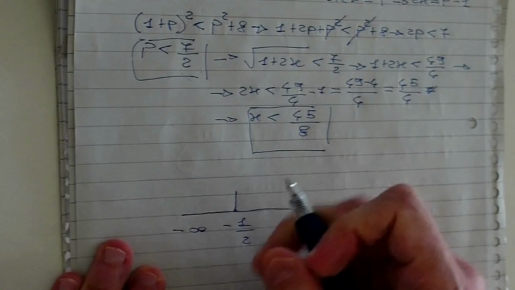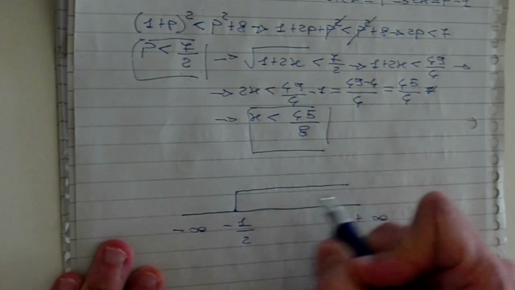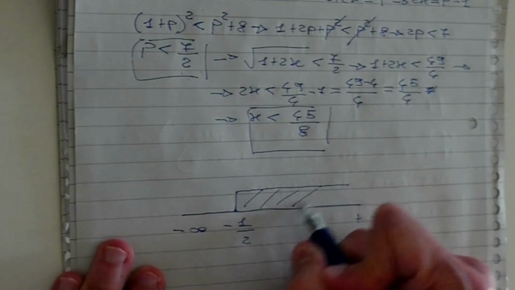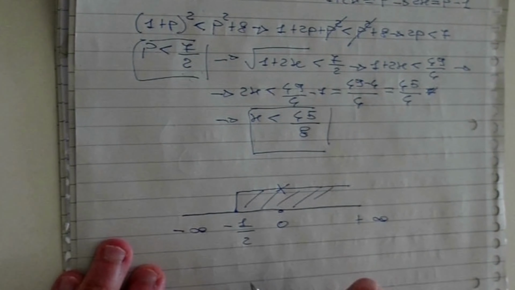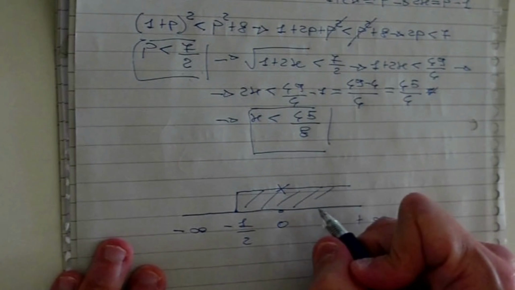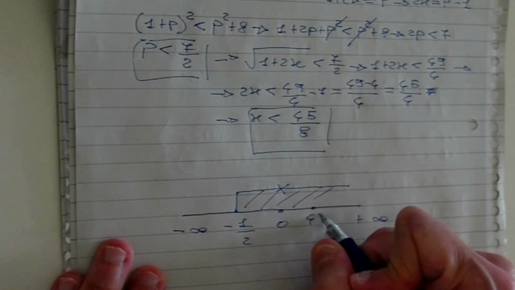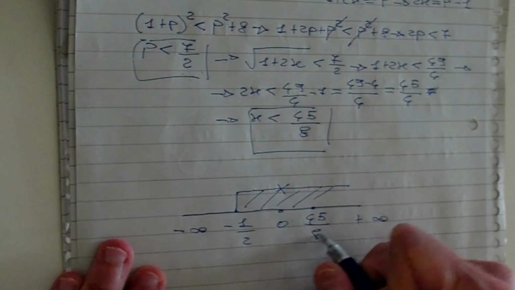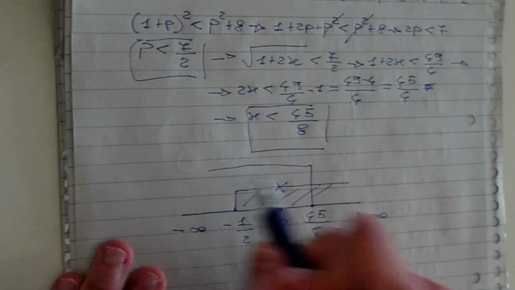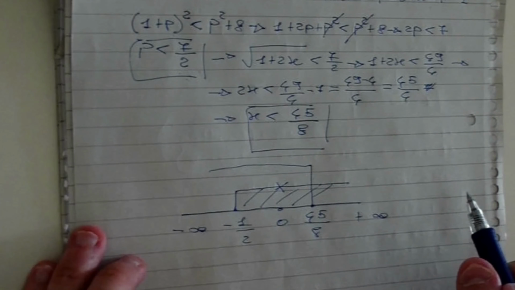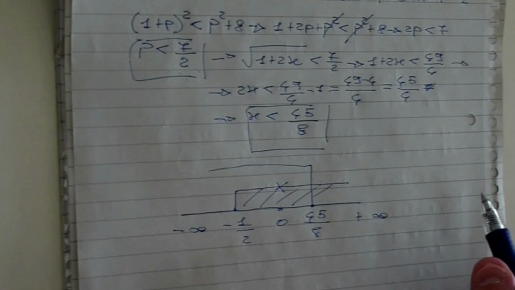Half, except for 0. So this is not considered, and then we have 45/8 again. This is consistent with the result that we have found using the sloppy solution.